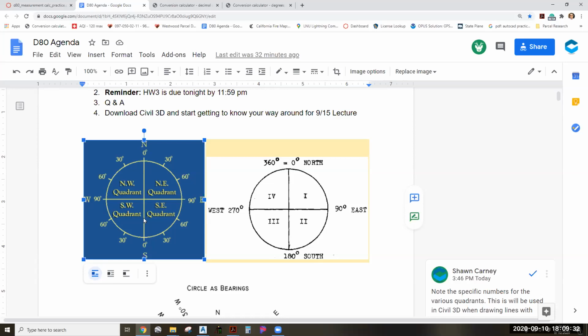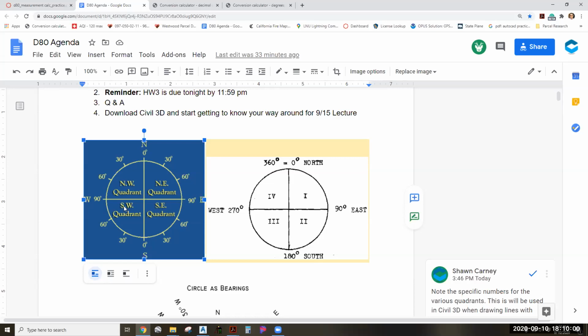If we split that circle into 4 equal parts, then we would have a quadrant. A quadrant means a fourth of the circle. So when we say the northeast quadrant, that falls between north and east. We have the southeast quadrant that falls between the south line and the east line.